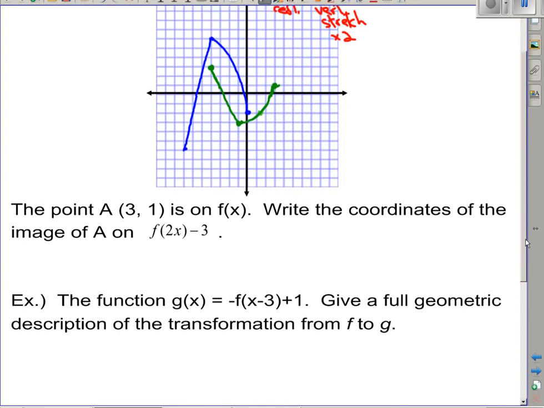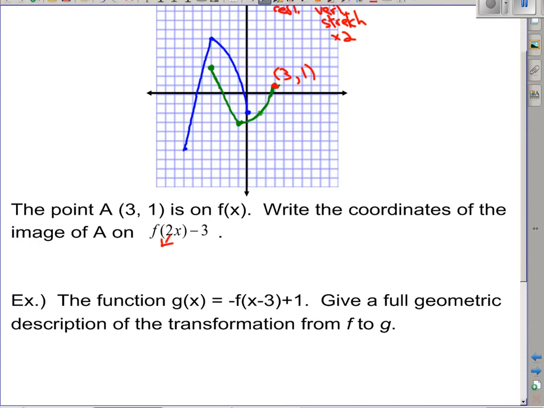The point A, (3, 1), is on f at x. So here it is, (3, 1). Write the coordinates of the image of A on f at 2x minus 3. Think of what this is doing.